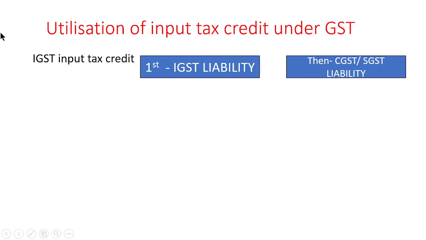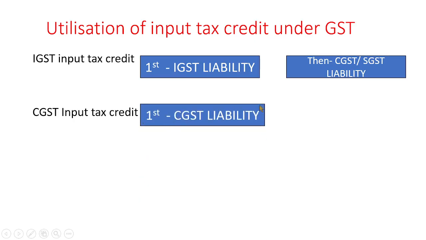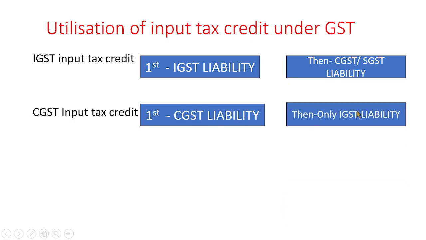That 200 you can use against CGST or SGST liability. So if there is IGST input tax credit, first utilize that IGST input tax credit to IGST liability, and then balance, if any, is used against CGST or SGST liability. And if you have a CGST input tax credit, first utilize the CGST input tax credit against CGST liability, and if there is any balance, you can use it only against IGST liability.